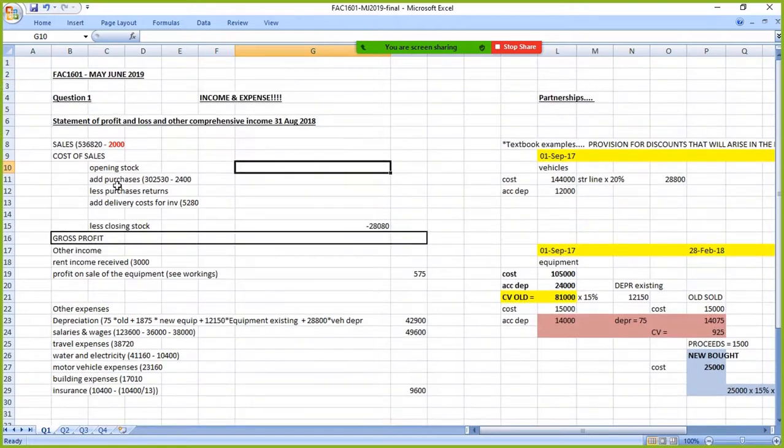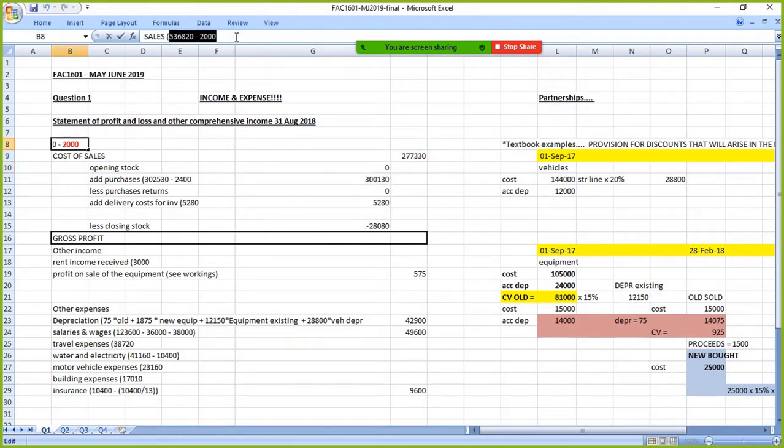Okay, and then we're done. So I assume nothing to start with. No returns. Cost of sales: opening stock, 0, plus purchases, minus nothing, plus other costs, minus the closing stock.